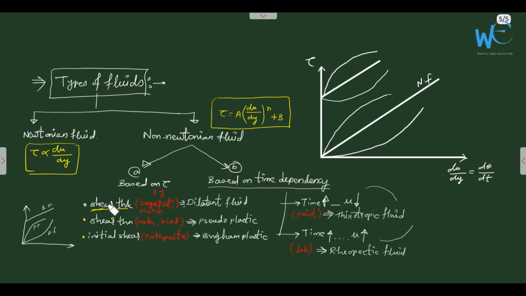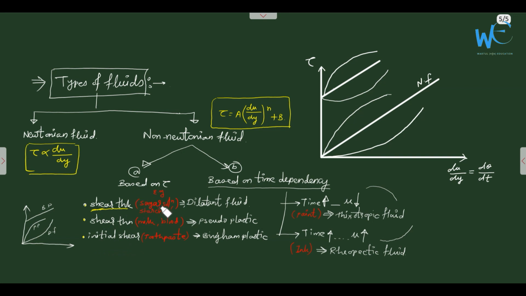Okay, so first one is shear thickening, second one is shear thinning, and third one is initial shear, because all these are solely based on shear stress. So what I write here, first one is shear thickening, second one is shear thinning, and third one is initial shear.